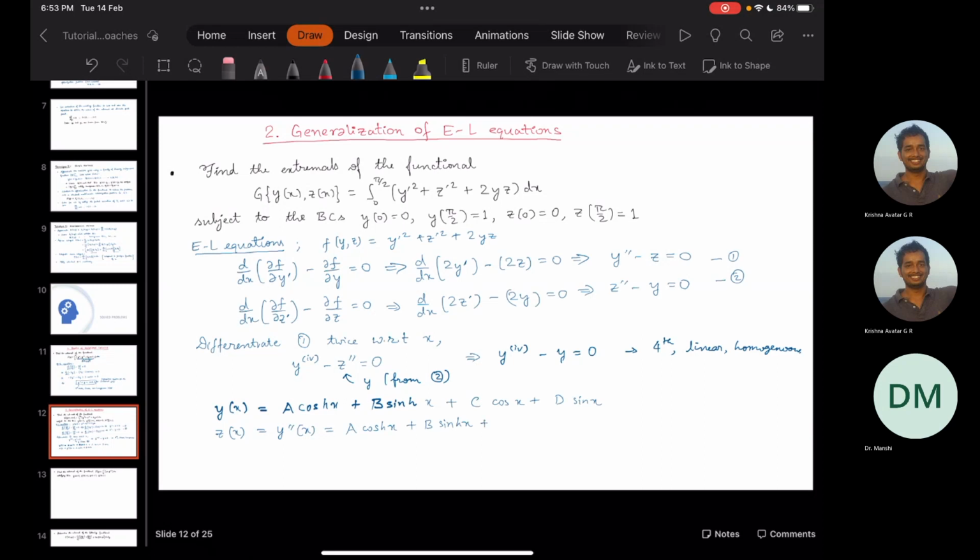Then, plus the first derivative of cosine x, which is minus sine x, and the second is minus cosine x. So it is minus c cosine x.